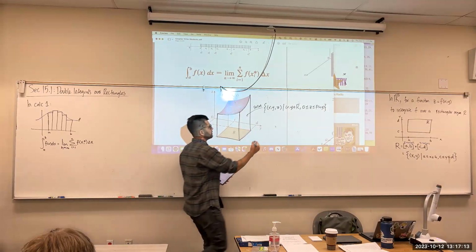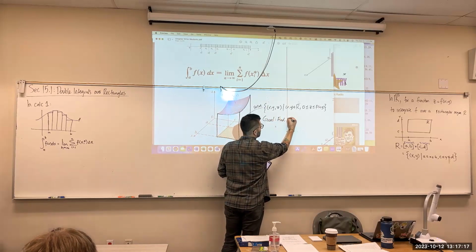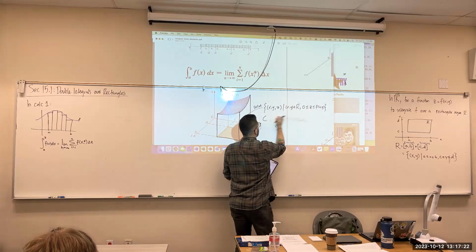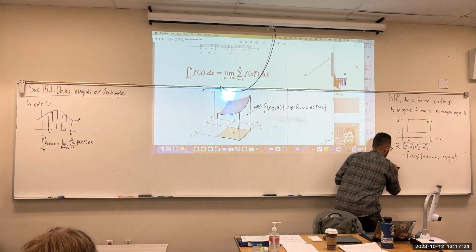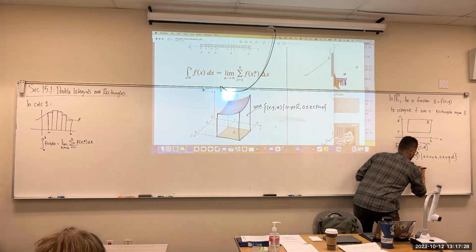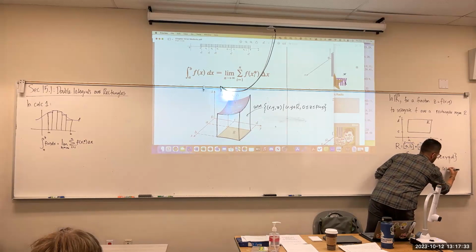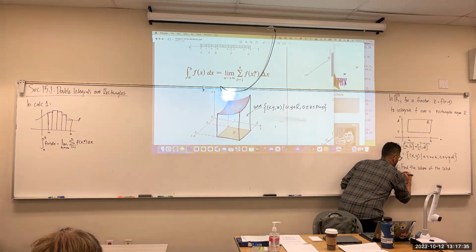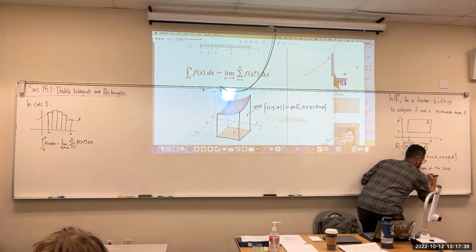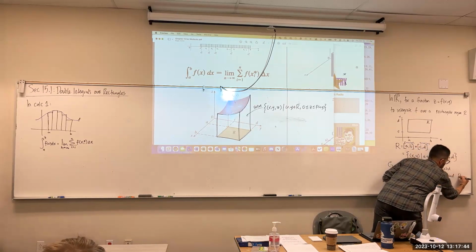Okay? So that's going to be your goal. Find the volume. Actually, let me write that over here. So your goal is to find the volume of the solid between f and R. Between the surface of f and the region R. That's our goal.